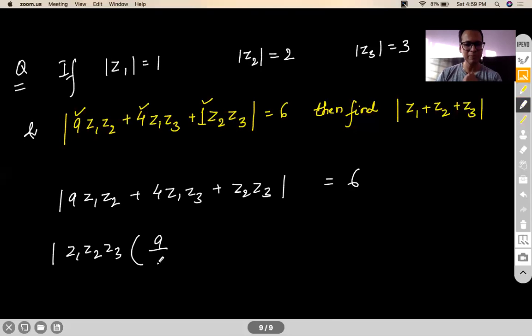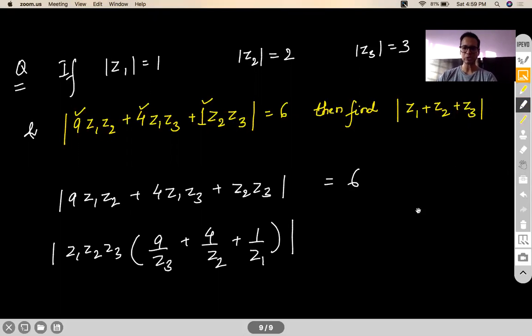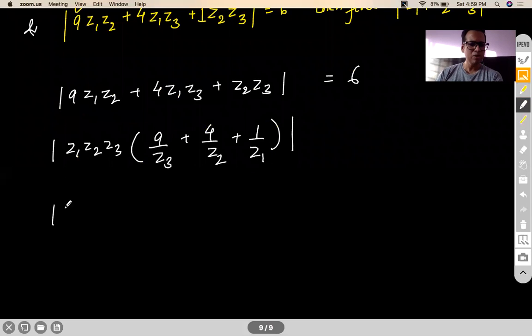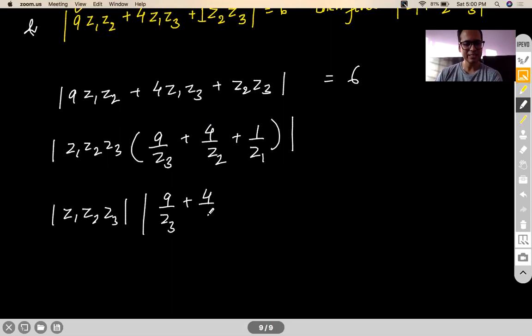So I'll get 9 by Z3, 4 by Z2, and 1 by Z1. No doubt about that. Yes or no? Correct. As per the modulus property, I can split this as modulus of this and modulus of this. Thanks to the modulus property, we can write this term as this. Right.